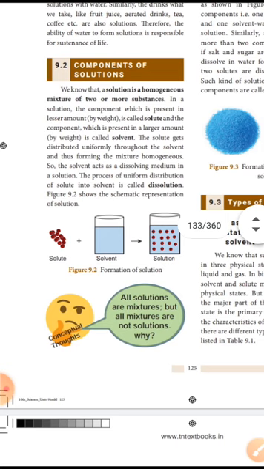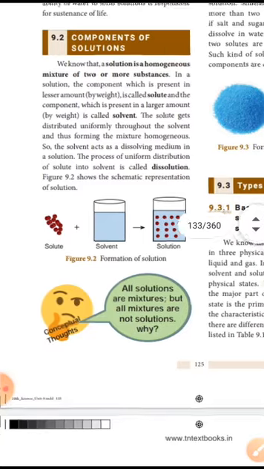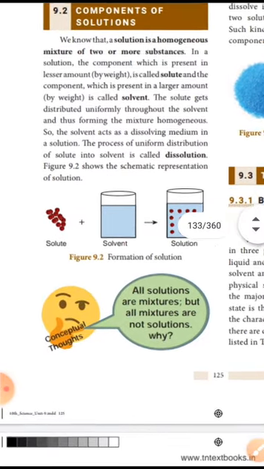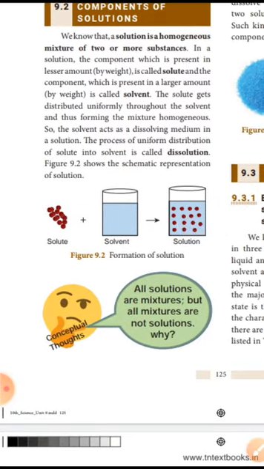Then what is solute? What is solvent? Solute means the component which is present in lesser amount. Solvent is the component which is present in larger amount. From this picture, the solute is lesser in amount than the solvent.